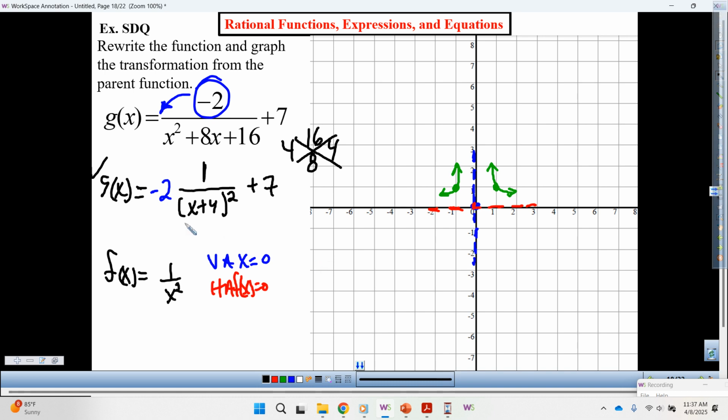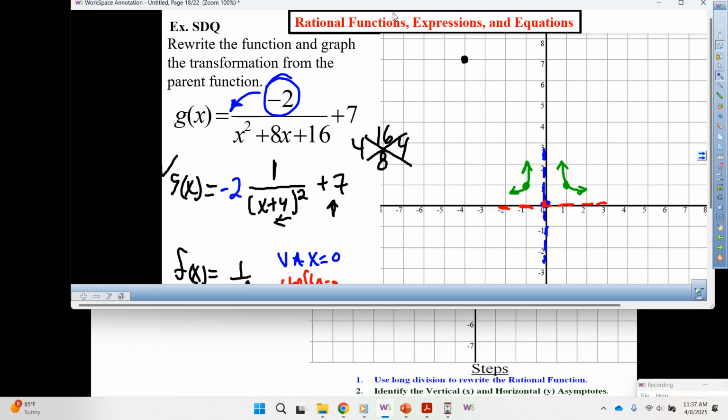All right. Ashlyn, where are we moving it to? 4 to the left and up 7. That is correct. 4 to the left, up 7. Right there. So let's get our vertical asymptote.